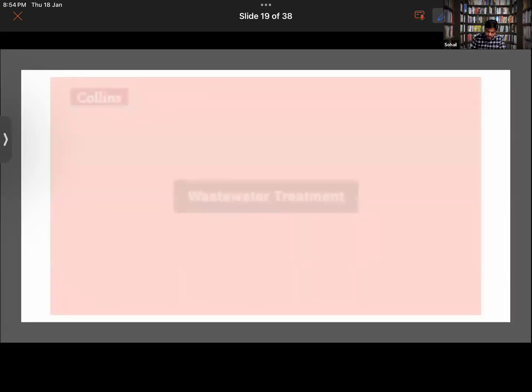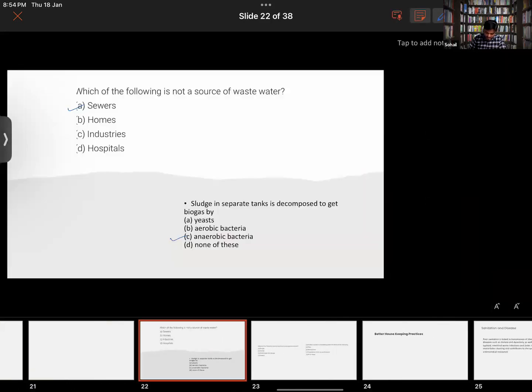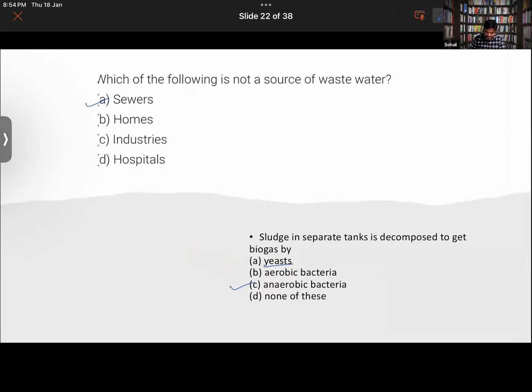Okay. If you look at other options here, yeast is also there. What is yeast, by the way? Yeast is normally added while making flour, making alcohol or for making dough.